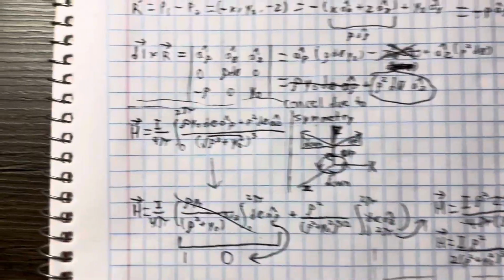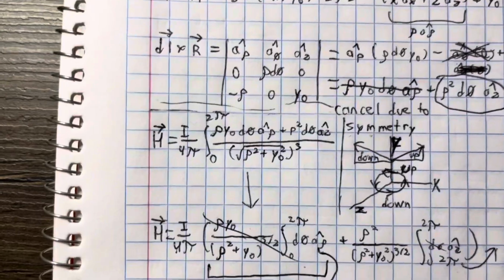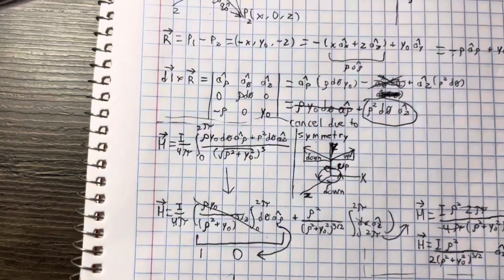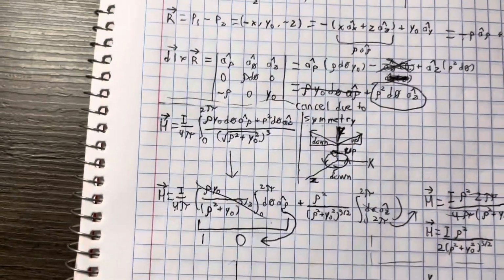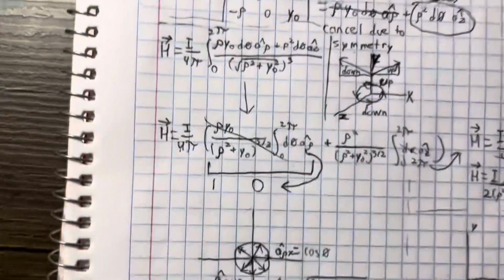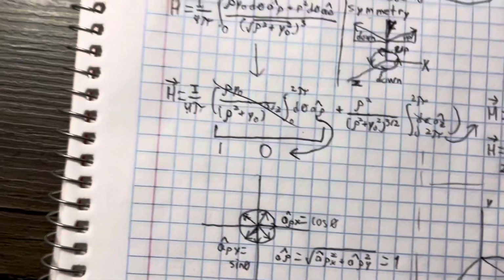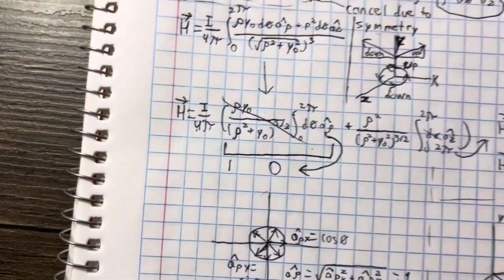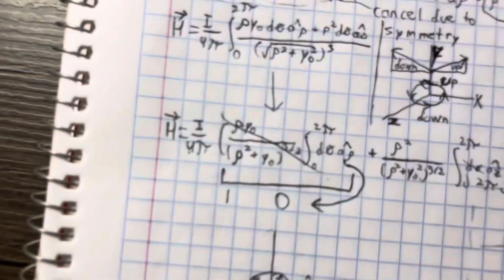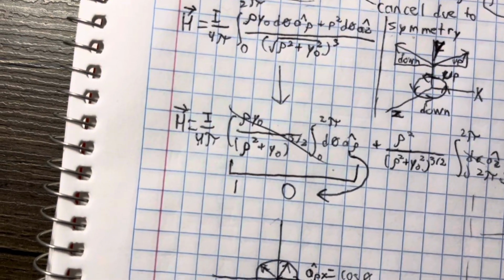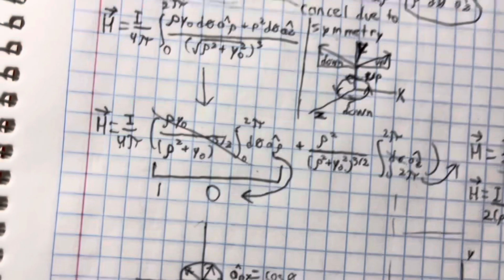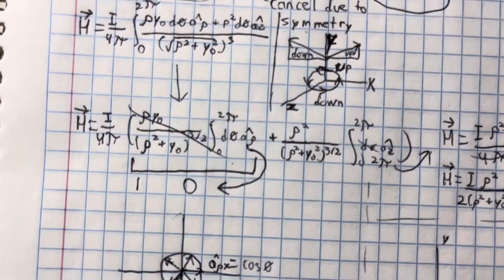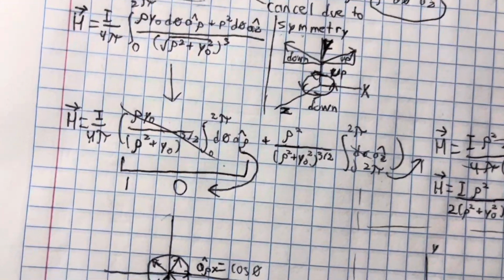As we can see here, when we perform the integration of this whole result of the cross product over the separation, we get these two components. But since we know that this will be 0, we can try to find why it is 0. This term is not 0. This integration here is also not 0, it will be 2 pi. And this over here, the rho vector, might be 0.